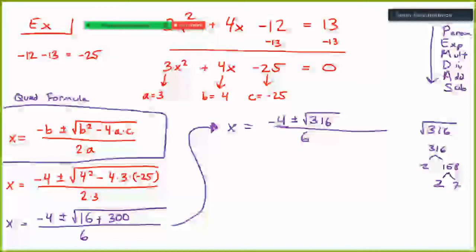Okay, so because I've got 2 times 2, that's going to simplify outside of the square root box. Can the 79 break down? I'm not sure. Maybe it won't. Let's try some things. 79 divided by 2? No. 79 divided by 3? No. 79 divided by 4? No. 5 won't work. 6 won't work. 7?